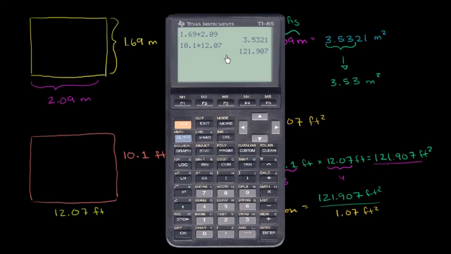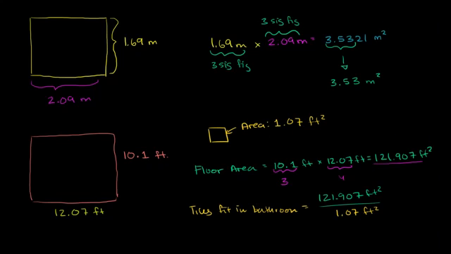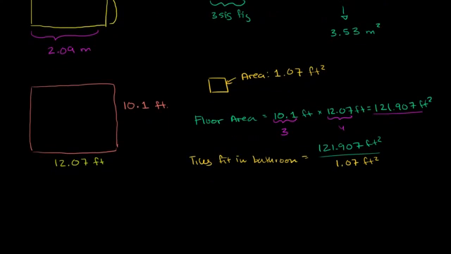So we have 121.907 divided by 1.07, and you get this crazy thing with all of these digits. But this is going to be our final answer. So here we do care about significant figures. We get 113.931775701, and it actually just keeps going.